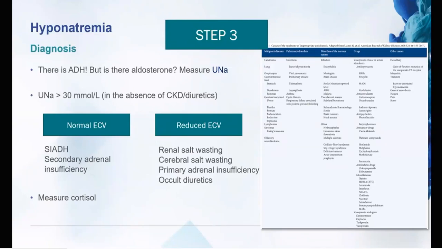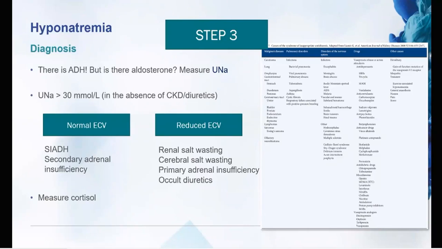This is the syndrome that we call the syndrome of inappropriate ADH secretion. My time is too short to go too deep into that, but we all know it is caused by medication, by malignant disease, by pulmonary disorders, and by certain infections of the nervous system. But mainly it is medication that causes SIADH.